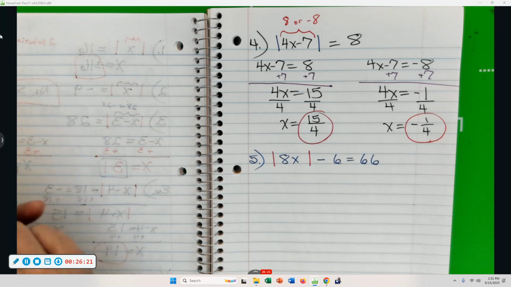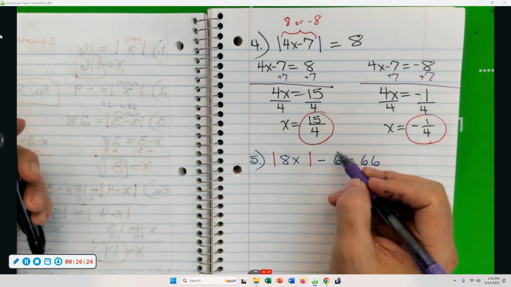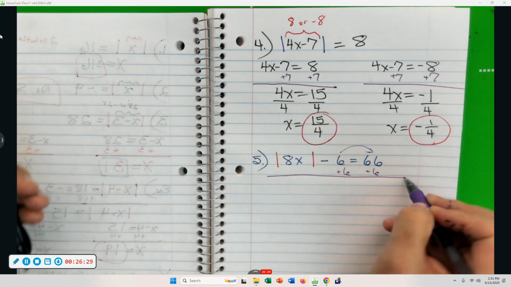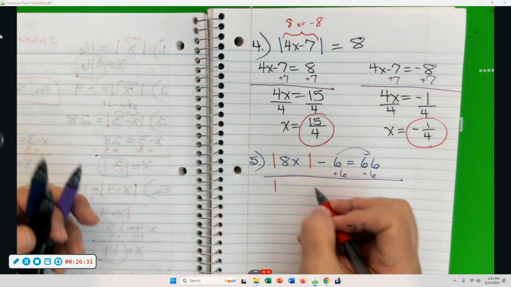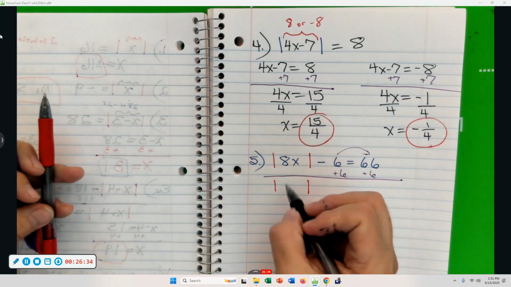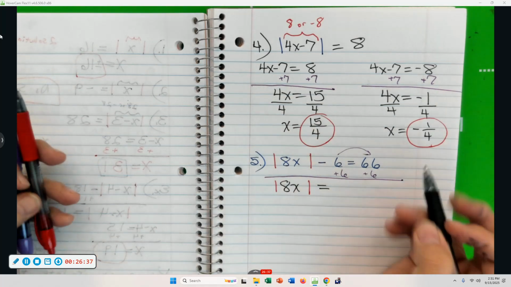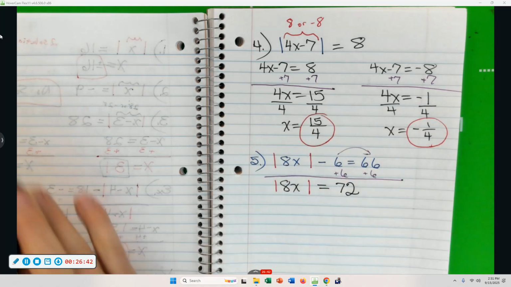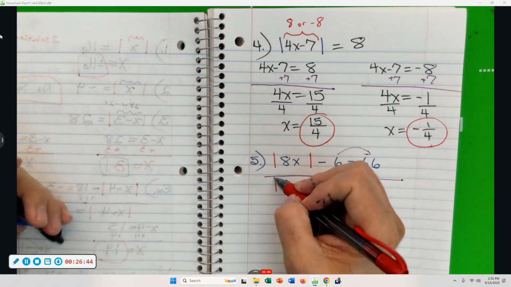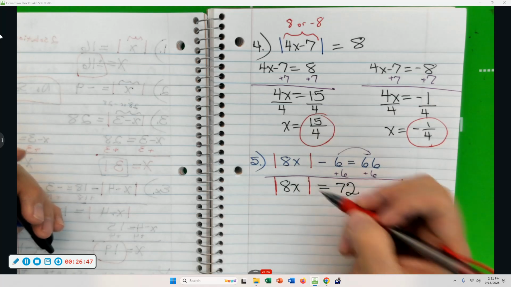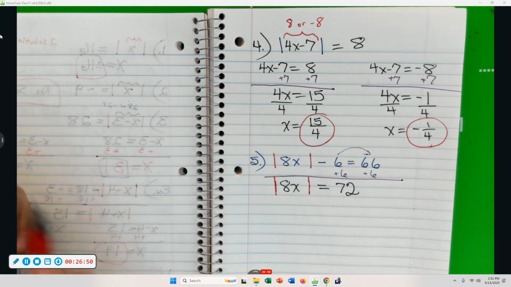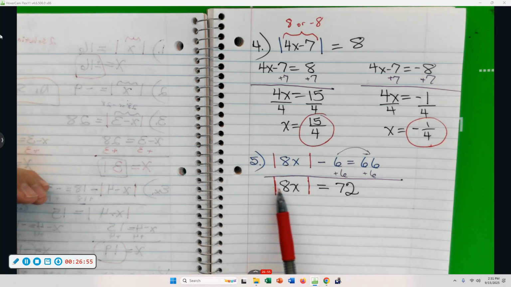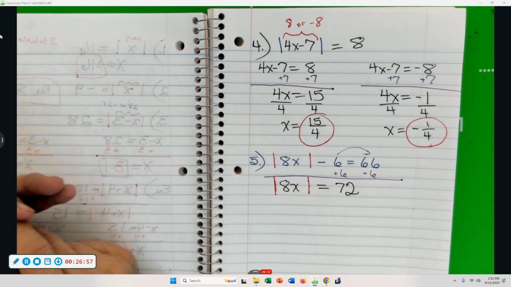You have to get the absolute value isolated by adding that 6, get it over on the other side, and then you have the absolute value of 8x is equal to 66 plus 6 gives me a 72. I'm trying to make those absolute value bars in another color so it doesn't look like an 18x. That is not 18. Those are the absolute value bars.